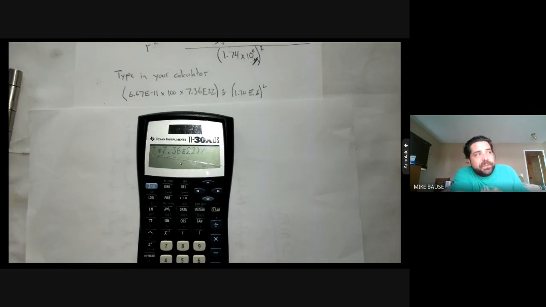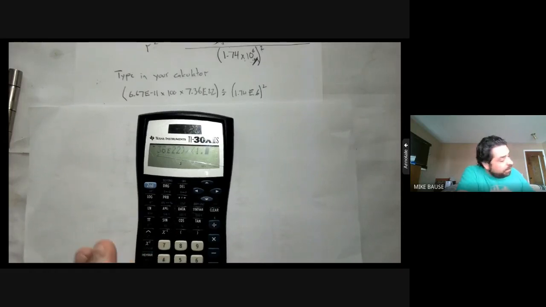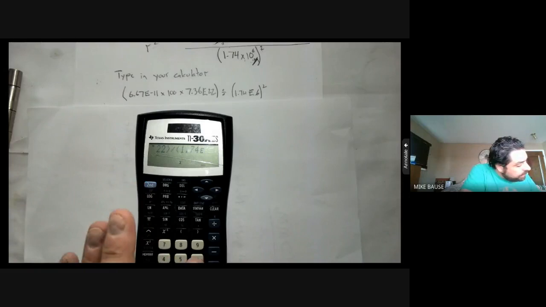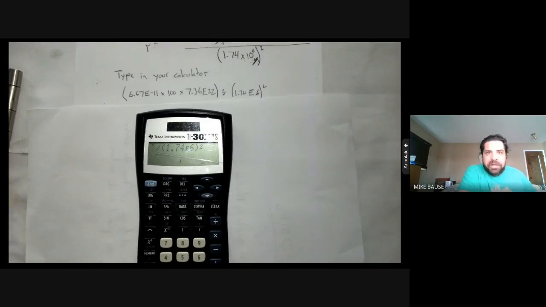One of the biggest mistakes is people forget to convert to meters. I've already done that for you. Open up the parentheses, 1.74 second EE 6, close. Then I hit the X squared button to square the denominator.